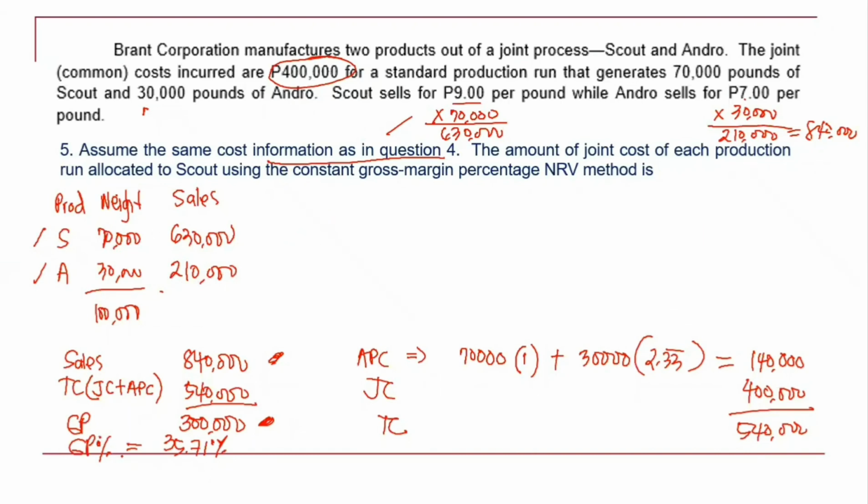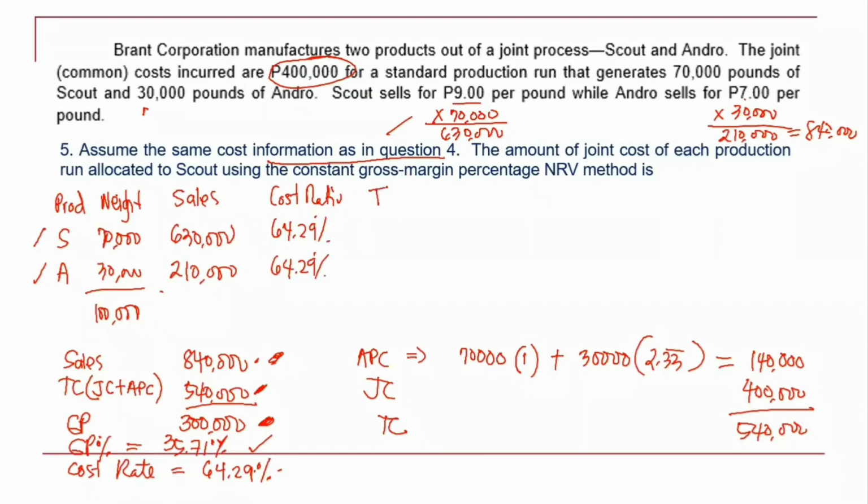Ngayon, cost ang pinag-uusapan natin. Kaya naman kung ang GP percent mo ay 35.71, so ang cost ratio mo is 100% minus the GP percentage. So that would be 64.29%. Or simply 540 over 840. So we assume na yung cost ratio natin na 64.29% parehas siya for all the products.